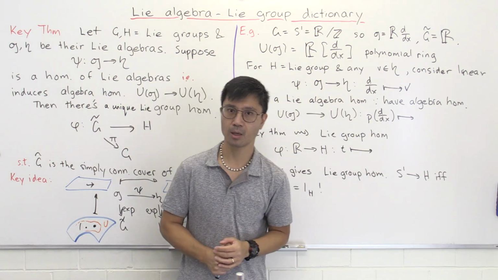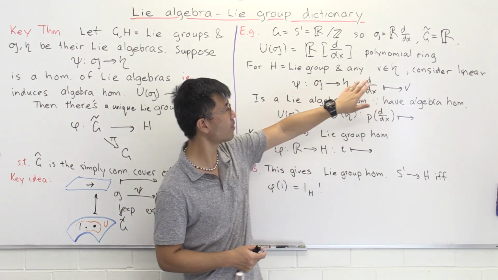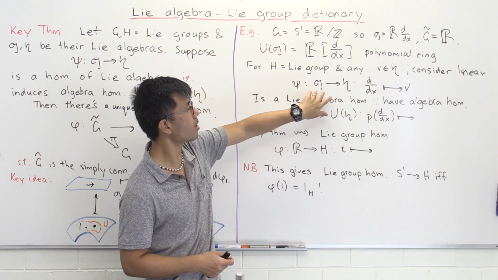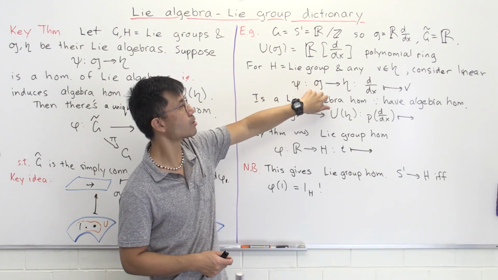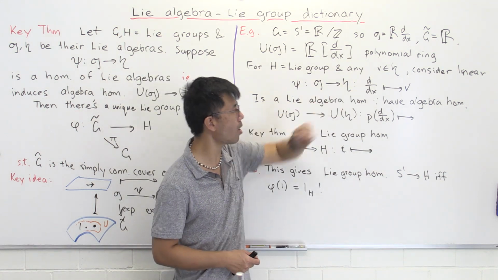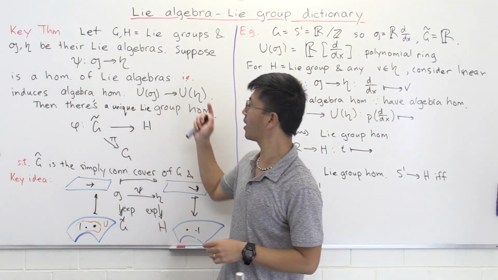Now you can do it either using the definition, what is the Lie bracket of two vector fields. Here, the Lie bracket of two elements is 0, so you need to make sure that it gets sent to 0.